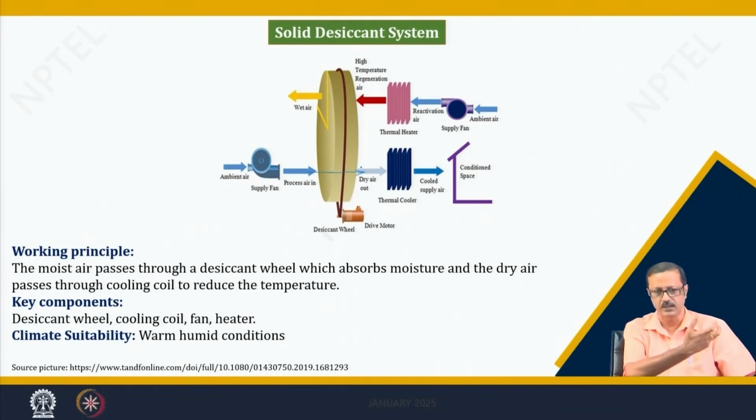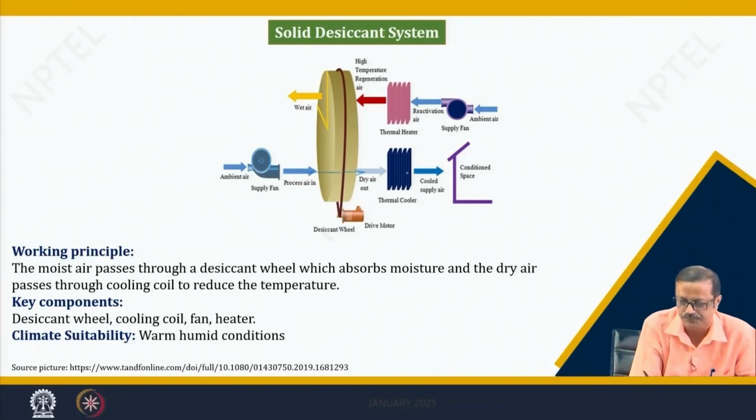Whenever I take warm and humid air through this desiccant wheel, there is some chemical that absorbs the moisture, and the air is also cooled down some amount, and then finally it passes through the thermal cooler, which is again a heat exchanger.